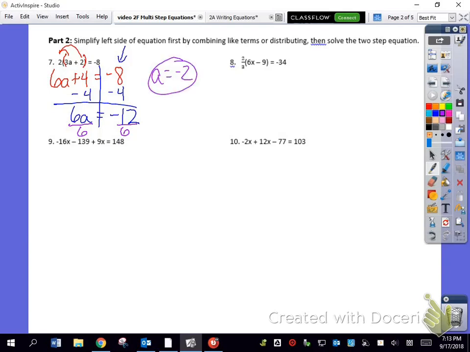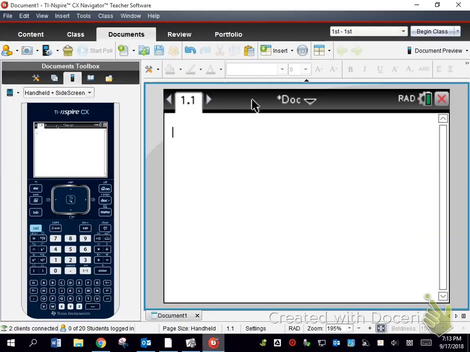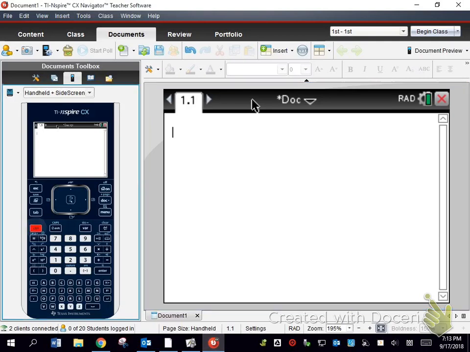On number 8, you have 2/3 times 6. Now, some of you forgot how to enter that. So remember, you make your fraction, control divide, 2 over 3, parentheses, and then you're going to have parentheses 6. So 2/3 parentheses 6 enters, and that's 4.